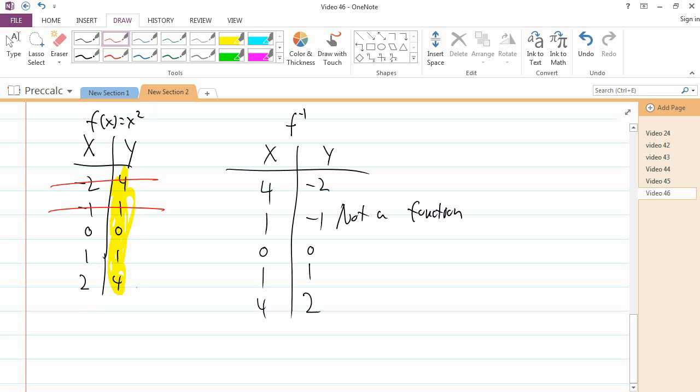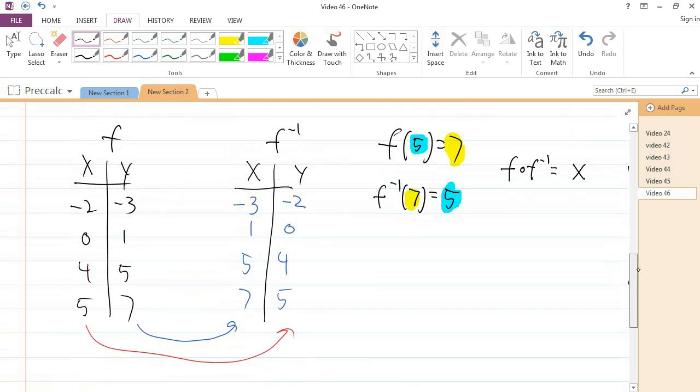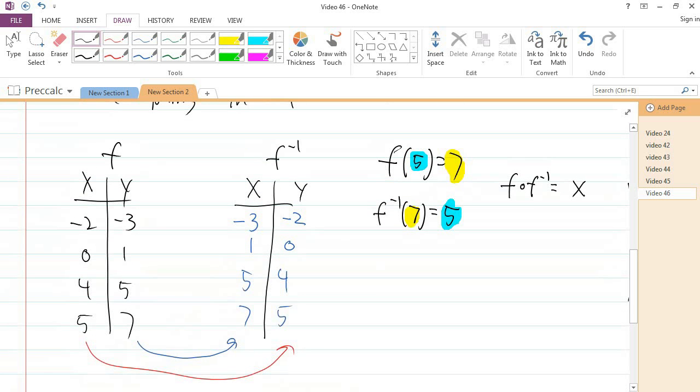By the way, guys, here's a question. If f is one-to-one, then it has an inverse, and that inverse is one-to-one. So if we look at, in this example, f inverse is a one-to-one function. So what's the inverse of f inverse? Think about it.